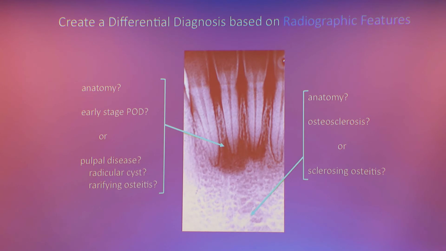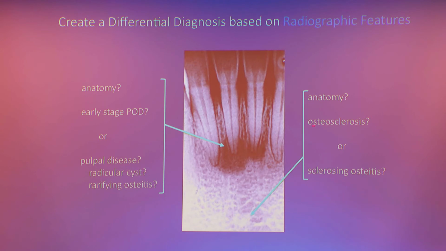So this is how I'm using the radiographic features to try to narrow down the differential diagnosis. If we're looking at the opacity here, location, midline mandible. Right off the top, I'm going to think genial tubercle. That's normal anatomy. Osteosclerosis, increased density in bone, that can look like this too. But what would the cause be?